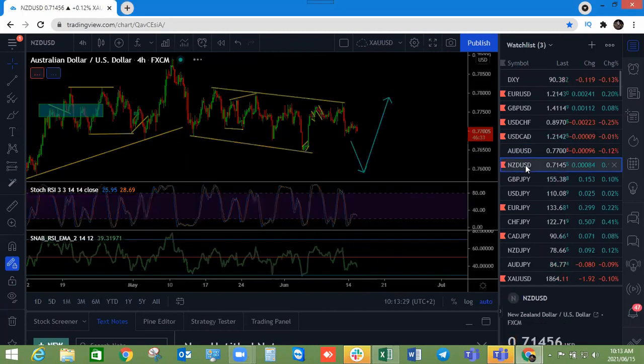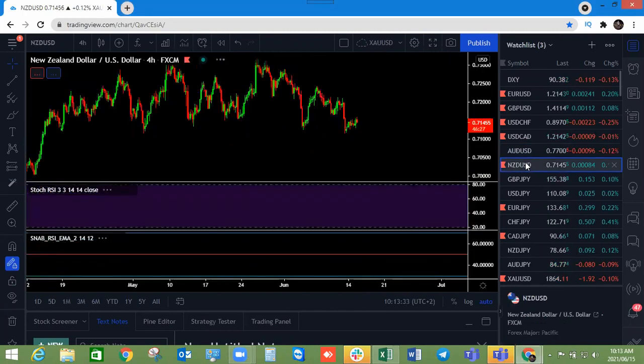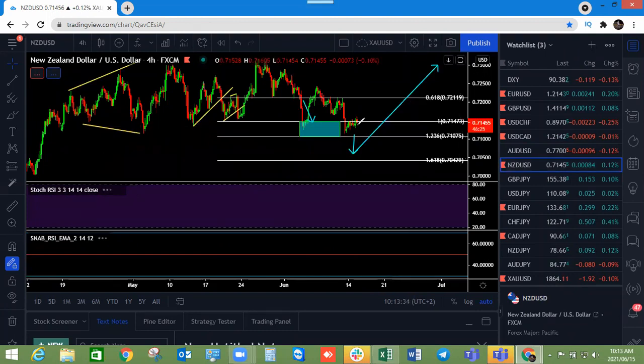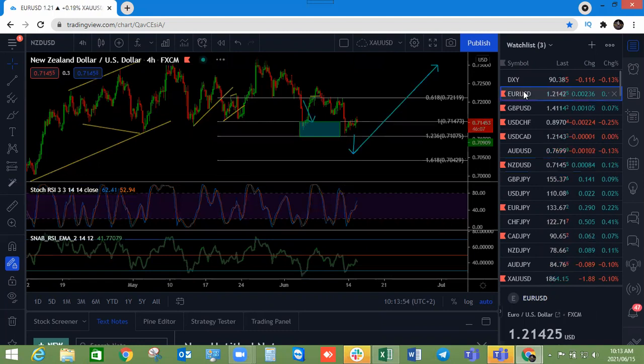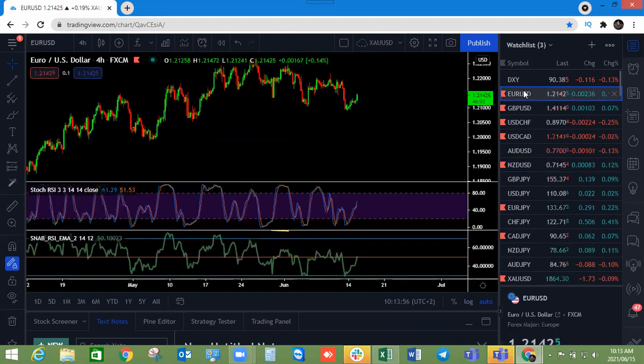New Zealand was also at the blue box on the 4-hour. But what has happened is we've got a continuation pattern here. So we're going to see a little bit more downside here. It's interesting that the euro US dollar is pushing to the upside, and Aussie and New Zealand are showing one more move to the downside. That may have an impact on euro US dollar.